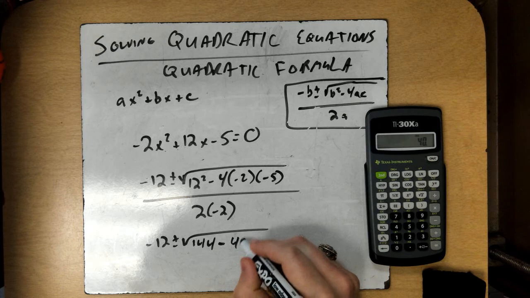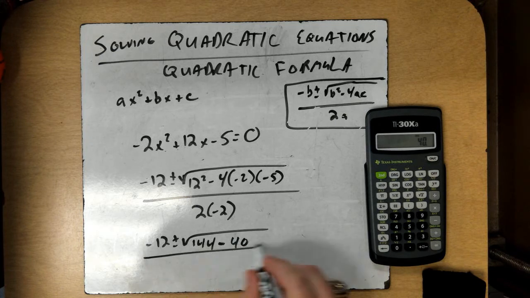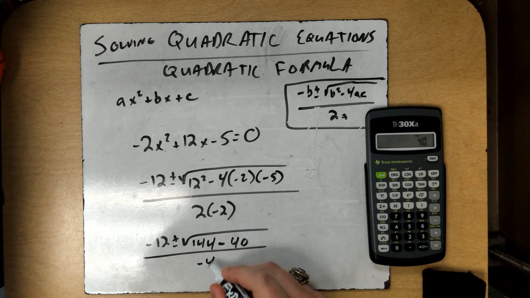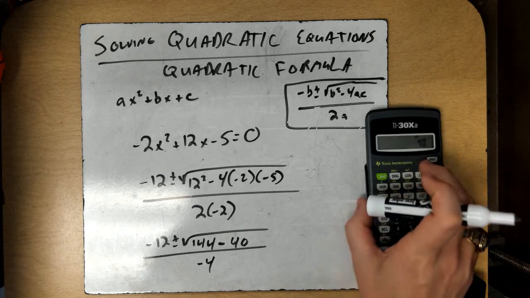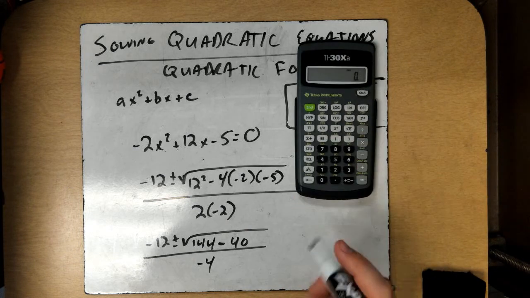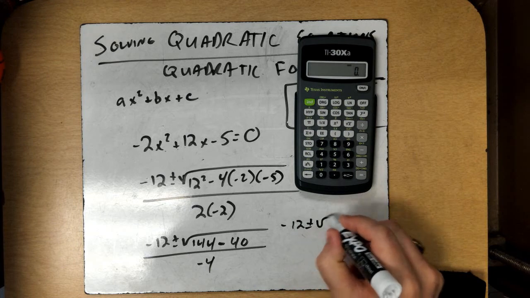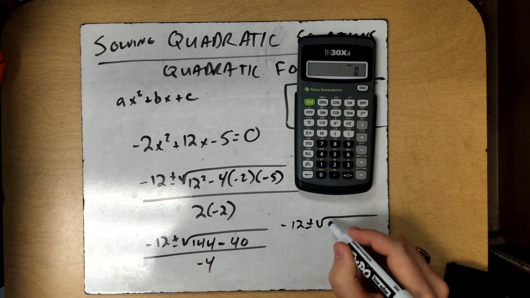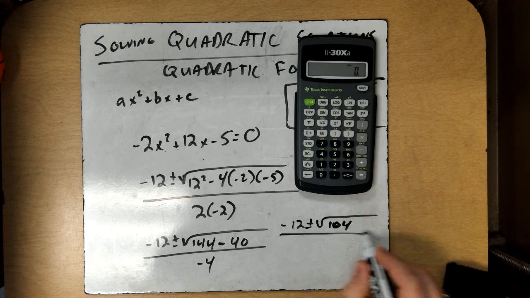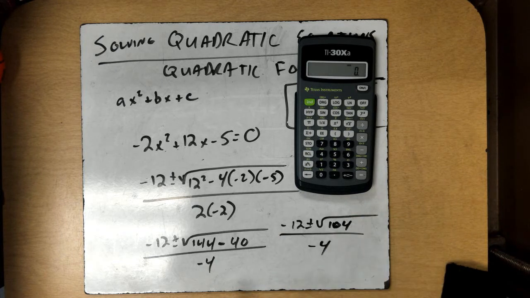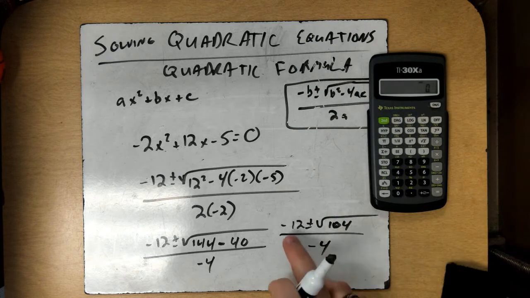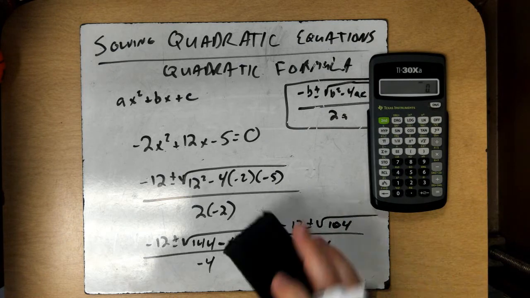So 144 minus 40, all over 2 times negative 2, which is a negative 4. Now we're going to do negative 12 plus minus the square root of 144 minus 40, which is 104, divided by negative 4. Now we're going to go ahead and solve this, our plus and minus here.